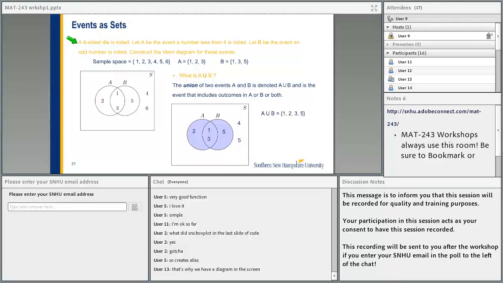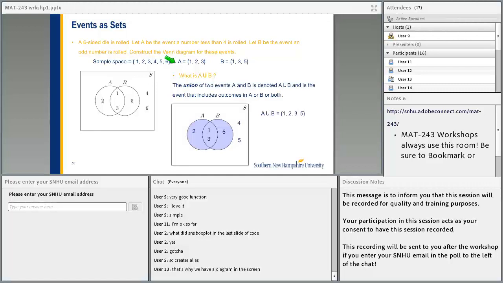So depending upon what different outcomes you can have, that many circles here. So here I have one circle for the outcome A, and B is the other circle for outcome B. So my sample space is 1 through 6. A is equal to 1, 2, and 3 because A is the event that a number less than 4 is rolled. So the numbers less than 4 are 1, 2, and 3.